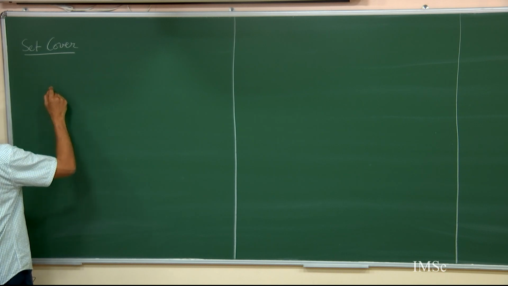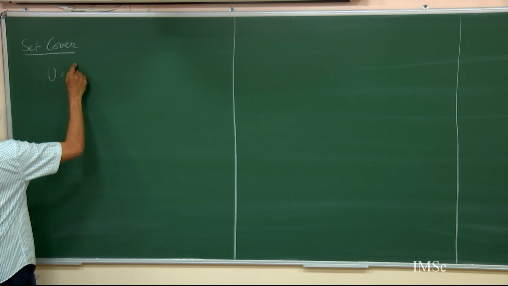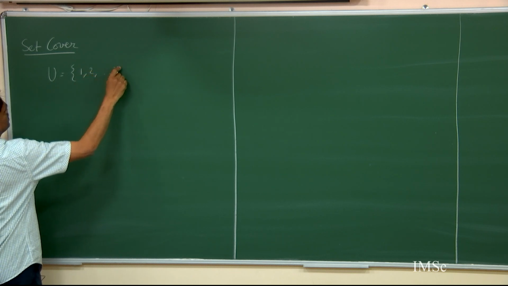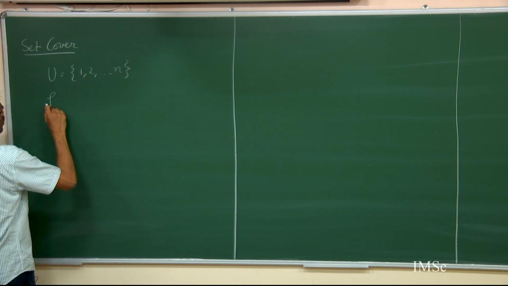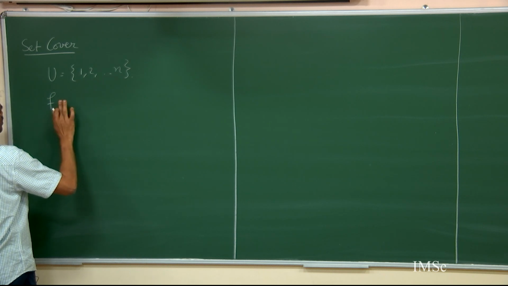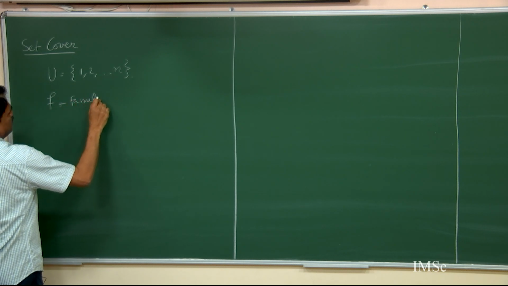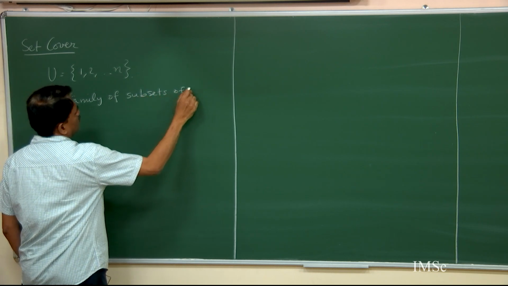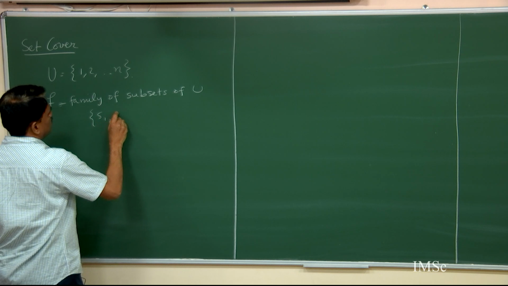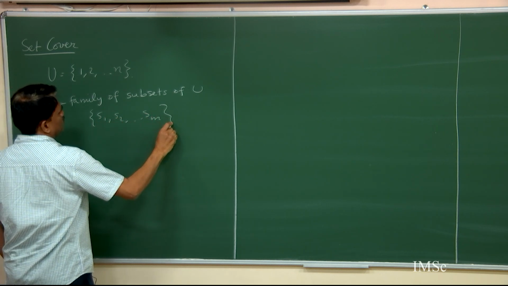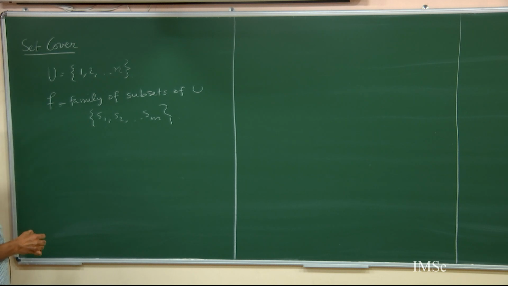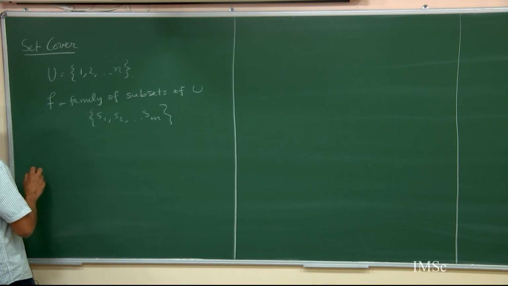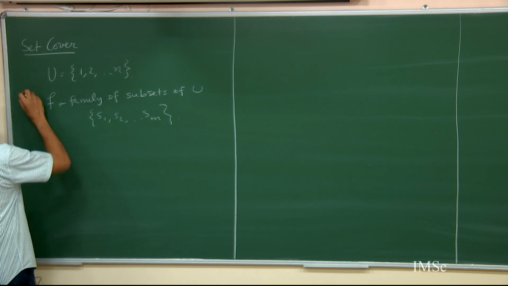So, what's the problem? You have a universe, without loss of generality, let's say it's an n element universe, and you have a family of sets, so it will be like some S1, S2, up to Sm. And what is the goal? This is the input.